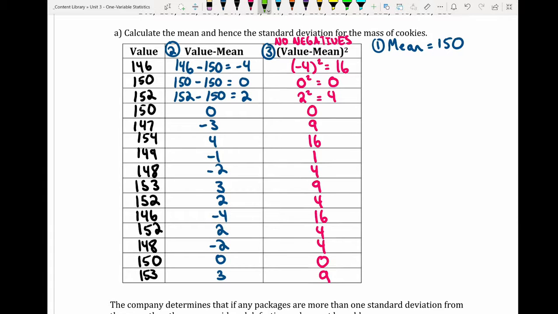The fourth step is to add up all of these numbers in this last column.